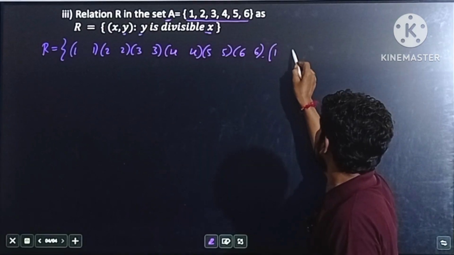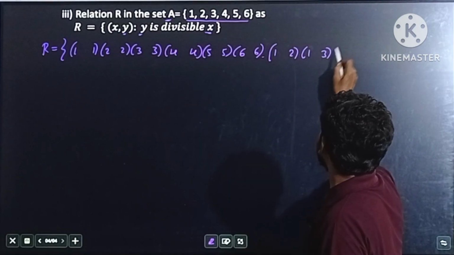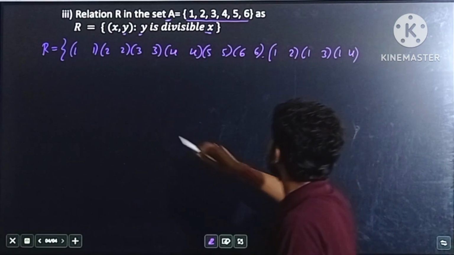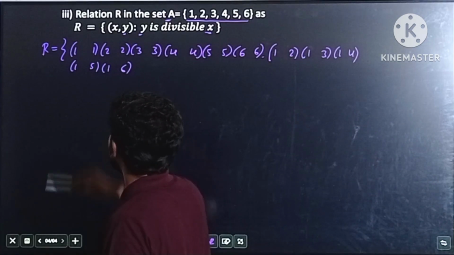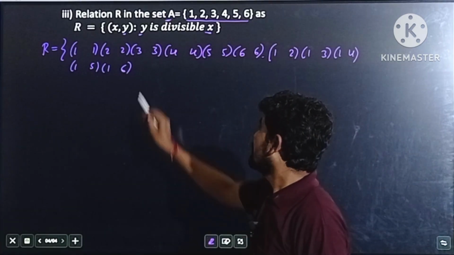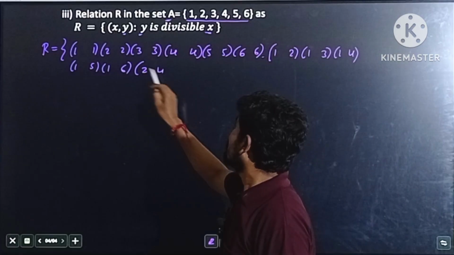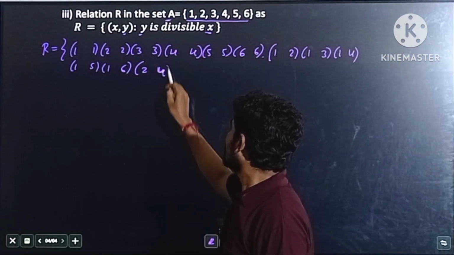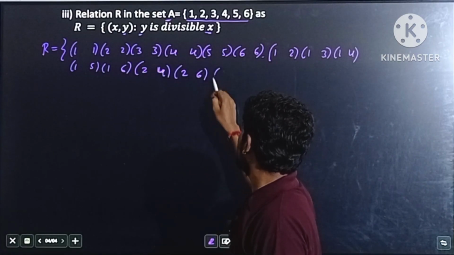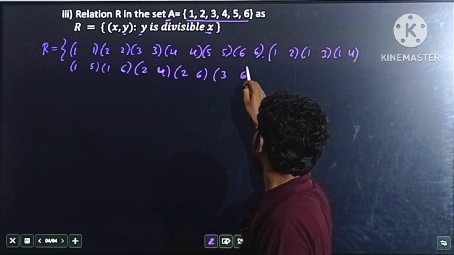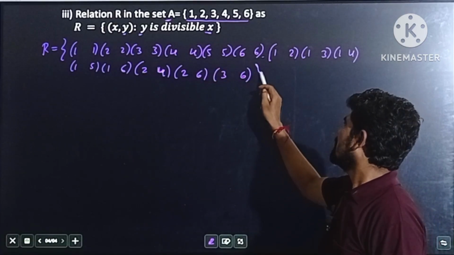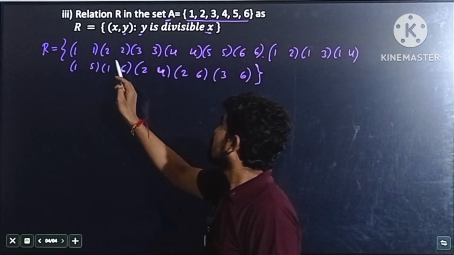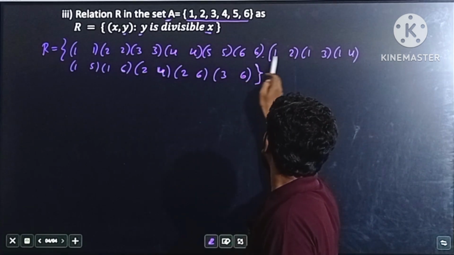It means (1,2) is present, (1,3) exists, (1,4) exists, and then (1,5) exists, (1,6) exists. And then 2 divides 2, 2 divides 4 and then 2 divides 6, then 3 divides 3 and 3 divides 6 and then 4 divides 4. So these are the only elements.